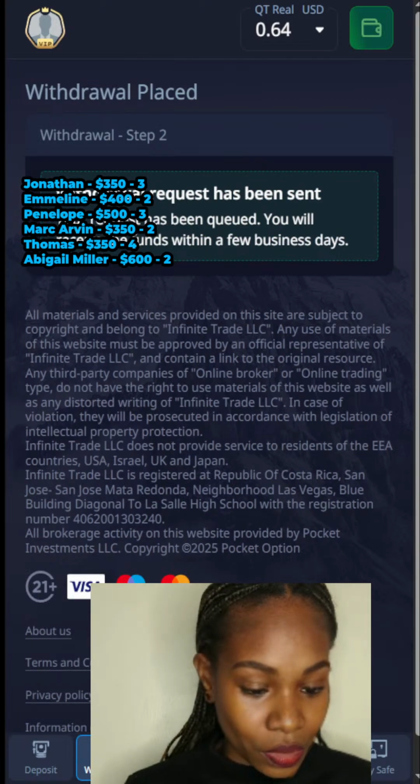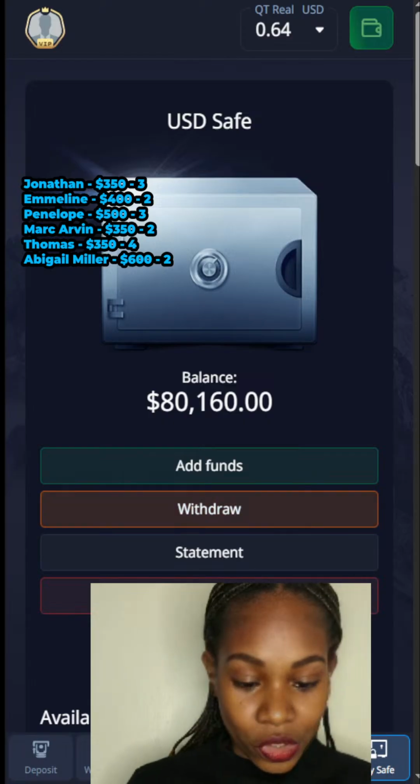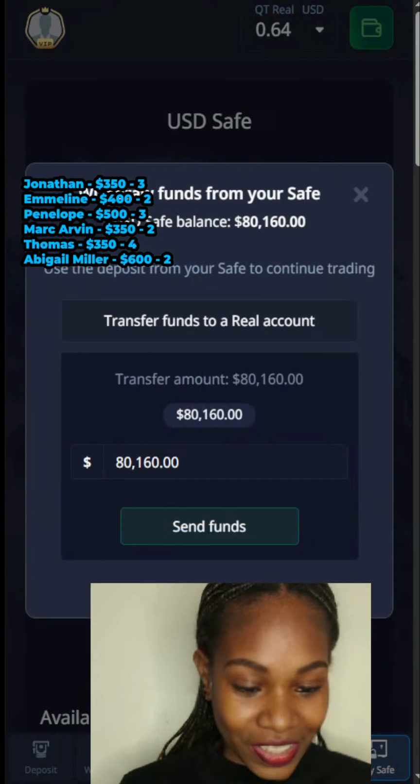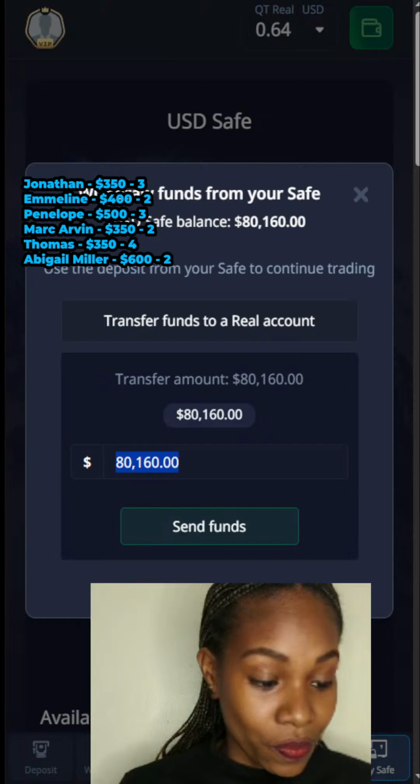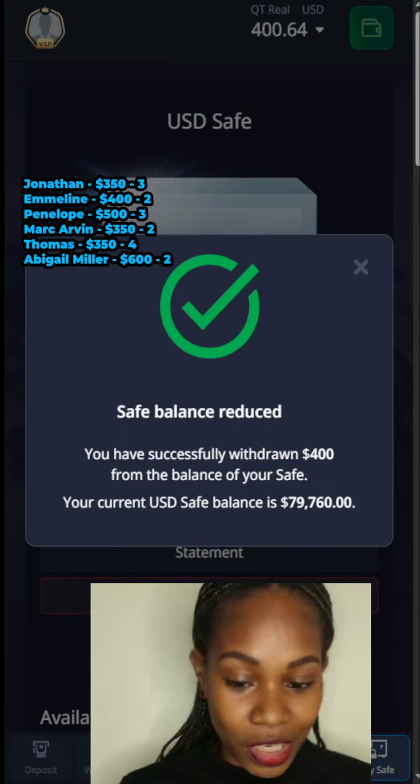Okay, so that is Bitcoin wallet for Jonathan. Congratulations once again. Right, Emmeline over here, 400 US dollars.